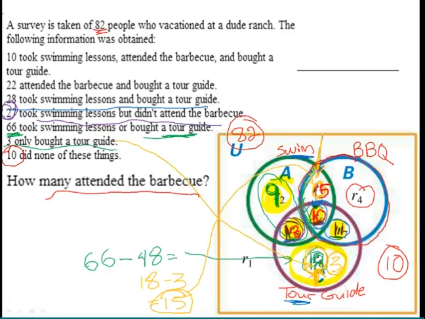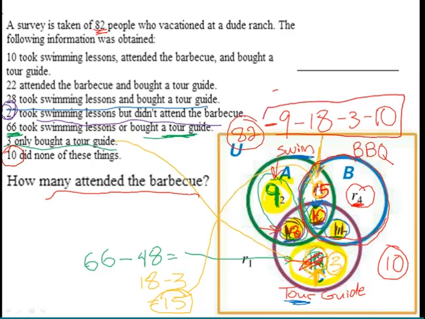Well, the barbecue includes everything here in B. So yes, we do need to know what region 4 is, sort of, but we actually need to know, even easier, what is 82 take away these 9 that didn't go, these 18 that didn't go, and these 3 that didn't go, and finally the 10 that did nothing. So this is actually your real job, to figure out what 82 minus those numbers is, and that'll tell you how many total people there are in the barbecue section.